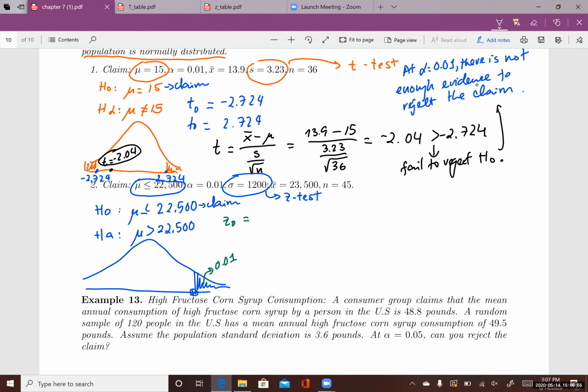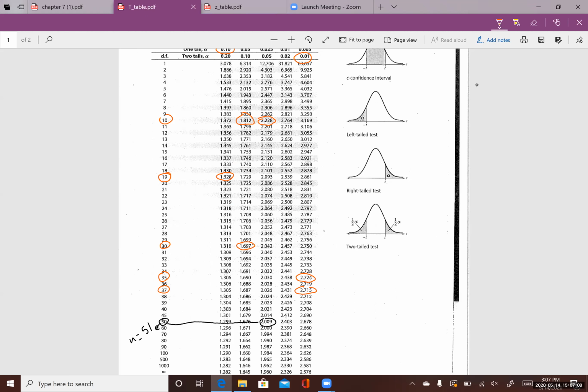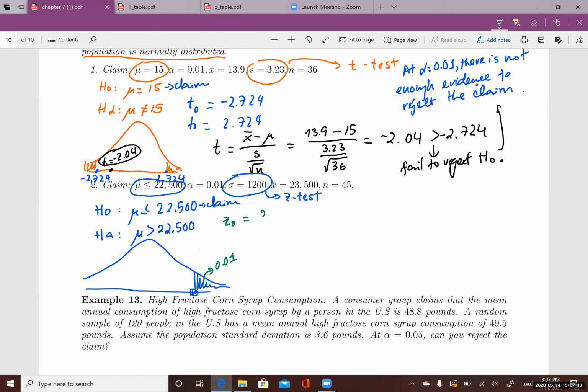Using the z-table, I can find 0.01 to the left and take the negative, right? Which is 2.33. So it should be positive 2.33. 2.33 is z0.